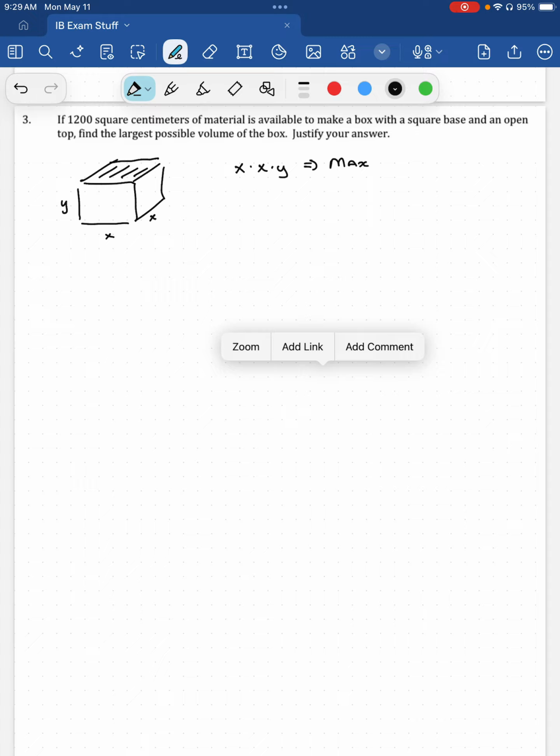It's also the left and the right side of the box. So all four of these sides around the box are going to be xy's, for a total of four xy's. And then the top and the bottom are x squared. We don't have a top, so just one x squared. And we know that equals 1200.